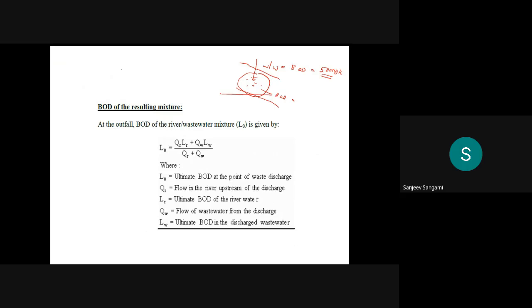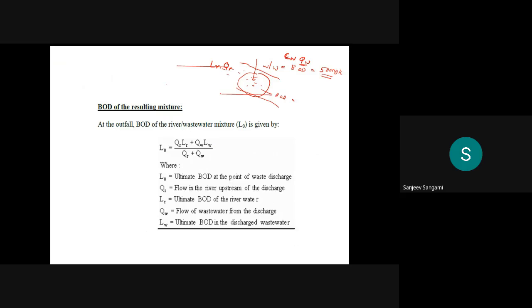So here you can say QR is for the river and QW is for the wastewater. Quantity of flow for the wastewater and quantity of flow for the river. Then this is the BOD of the river and the BOD of the wastewater. Assume that whatever is flowing like this is LR and QR, and this is for the wastewater, LW and QW.